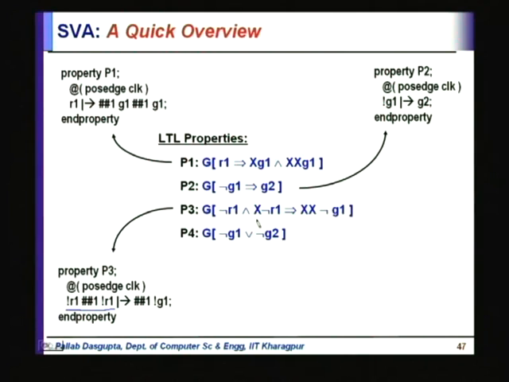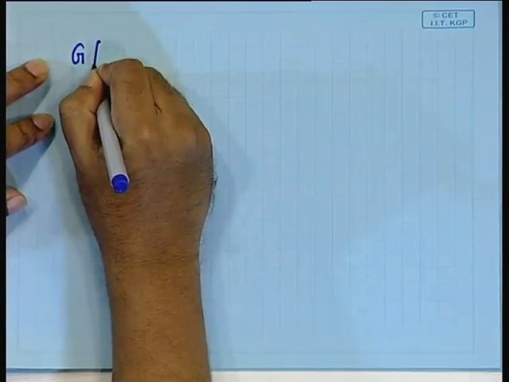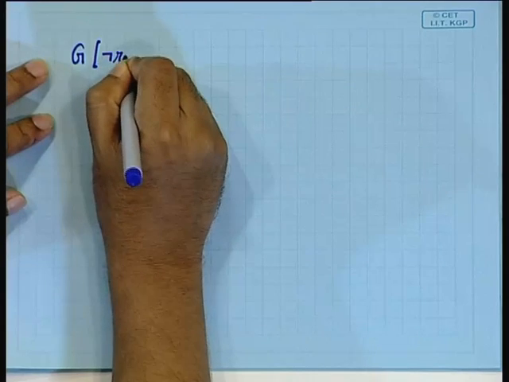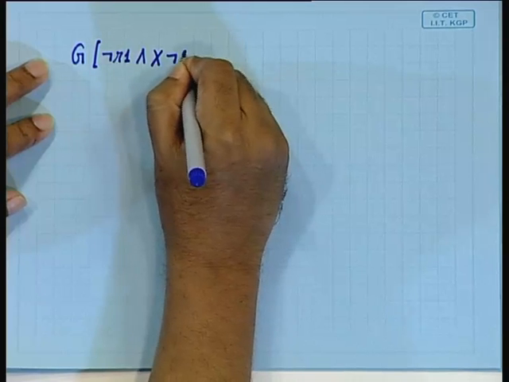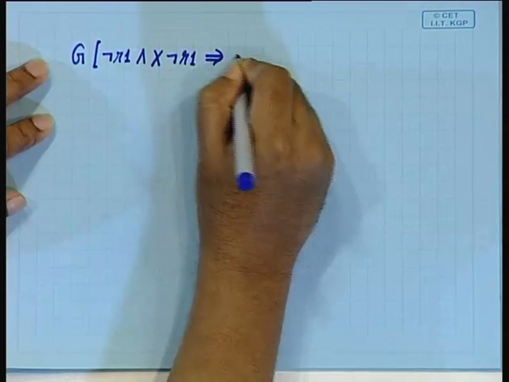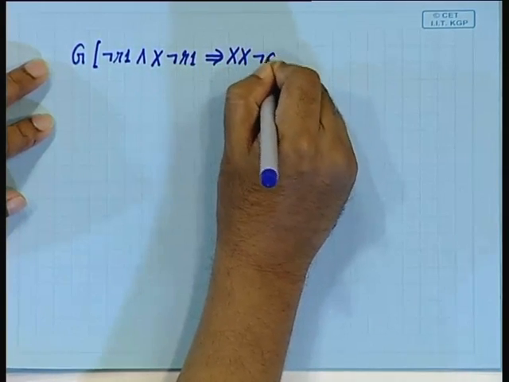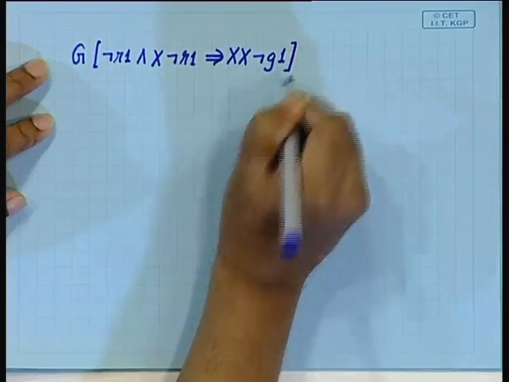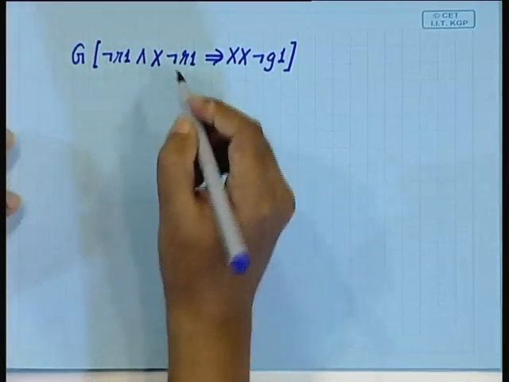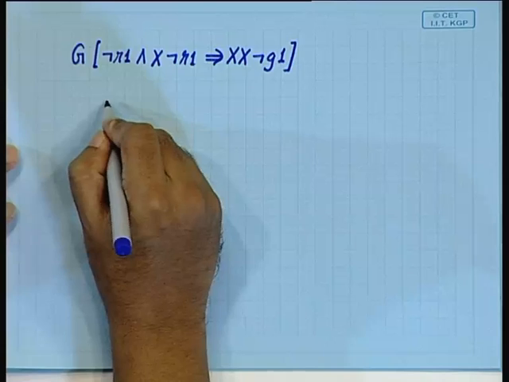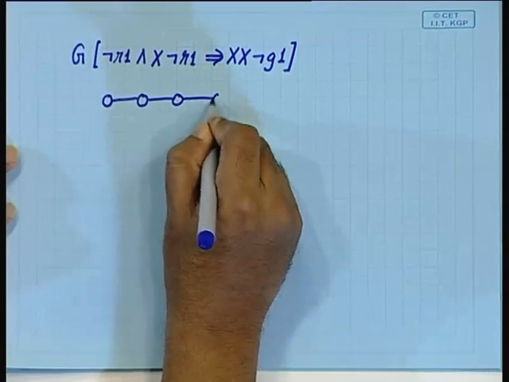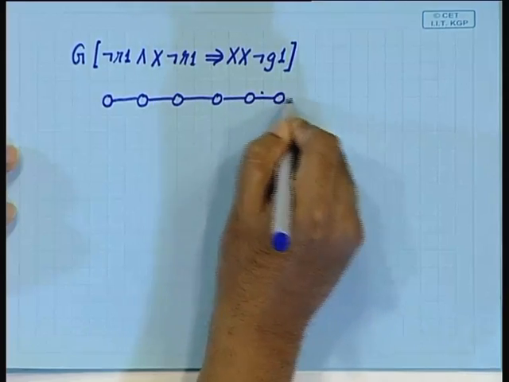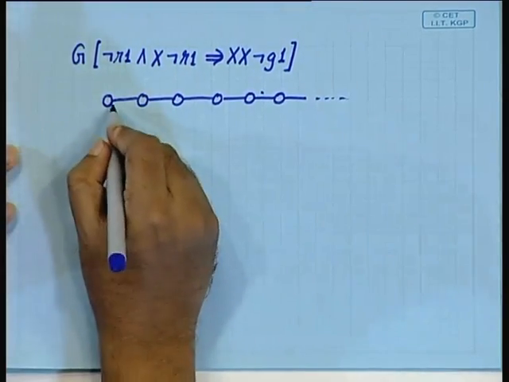So, let me just write this down. So, I have not R1 and X not R1 implies XX not G1, right. Now, what does this mean? Suppose I am in a path, suppose I am here.